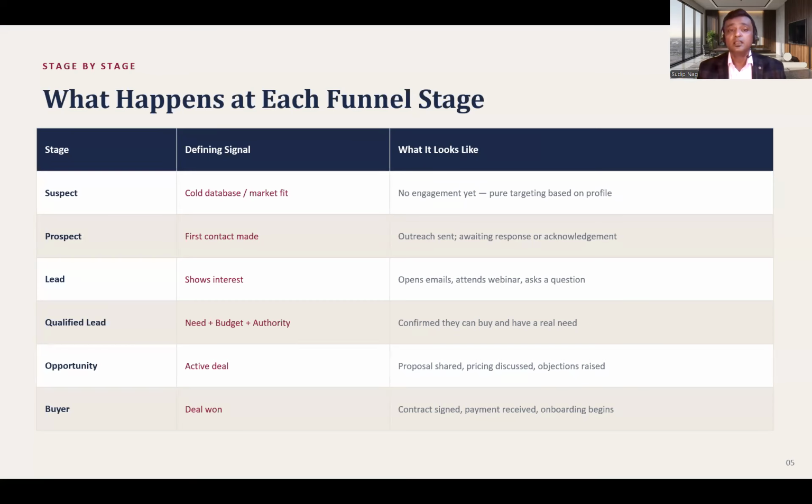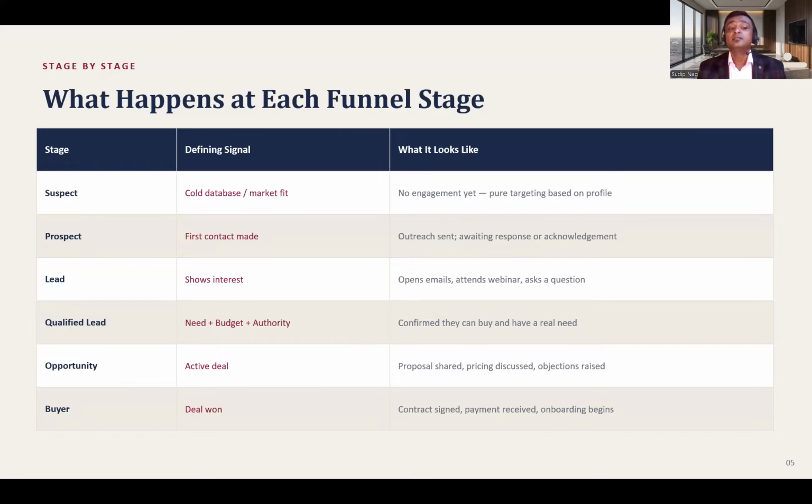So what happens at each funnel stage, as you already said: suspect, old database, market fit, no engagement yet. Prospect, where first contact is made, outreach is sent, awaiting response. Lead is where they show interest, response is there, questions and answers are going on, doubt clearing.